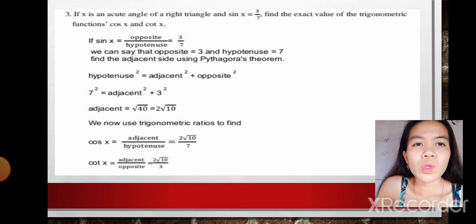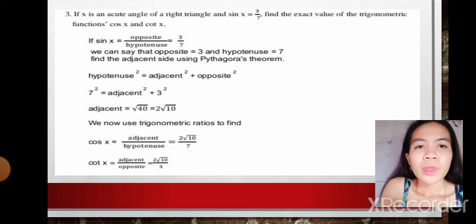Hypotenuse squared is equal to adjacent squared plus opposite squared. So 7 squared is equal to adjacent squared plus 3 squared. So adjacent is equal to the square root of 40, which is equal to 2 square root of 10.